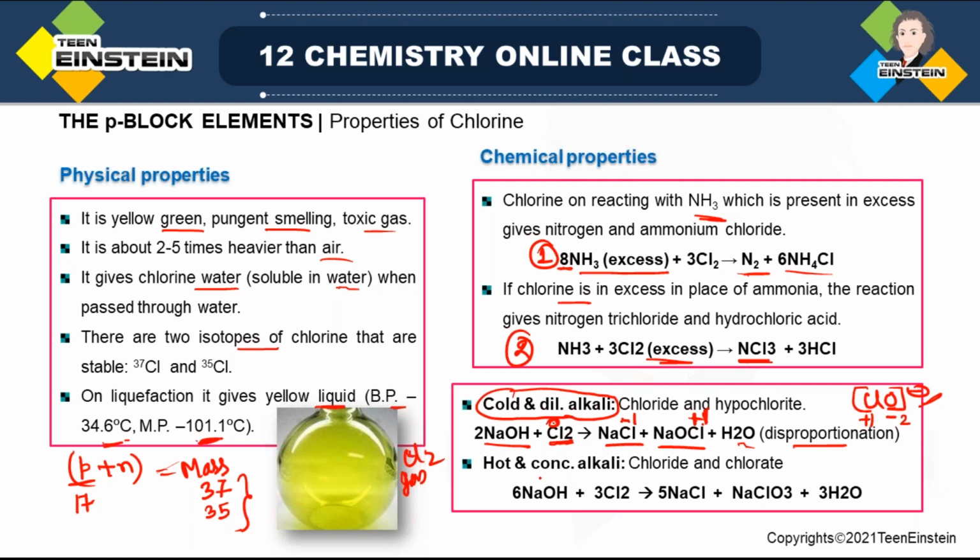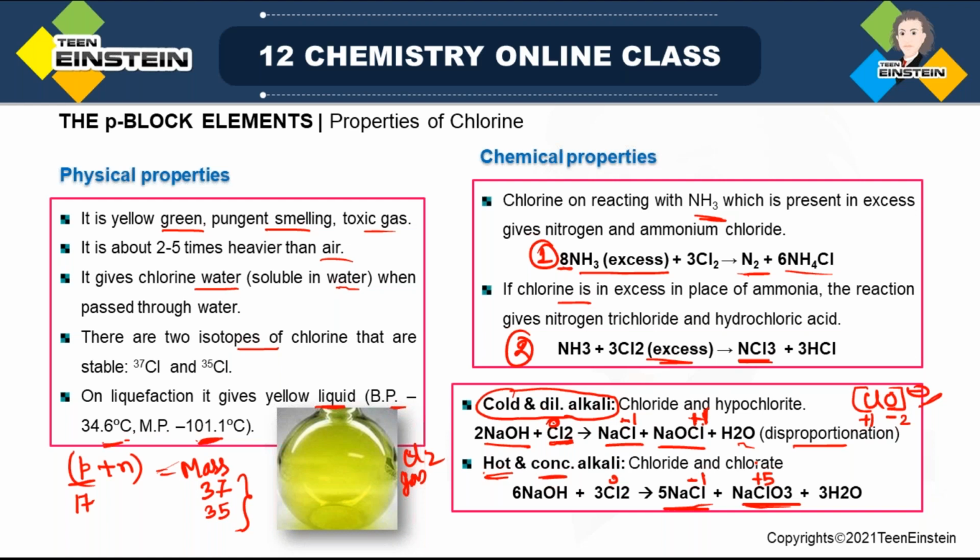Okay, but if the NaOH solution is hot and concentrated, in that case the product is different. Now NaCl is again generated, that is the same, but the other product is not the same. Instead of NaOCl, NaClO3, that is sodium chlorate, is generated. So here 0 oxidation state, now it is -1 and this is +5.